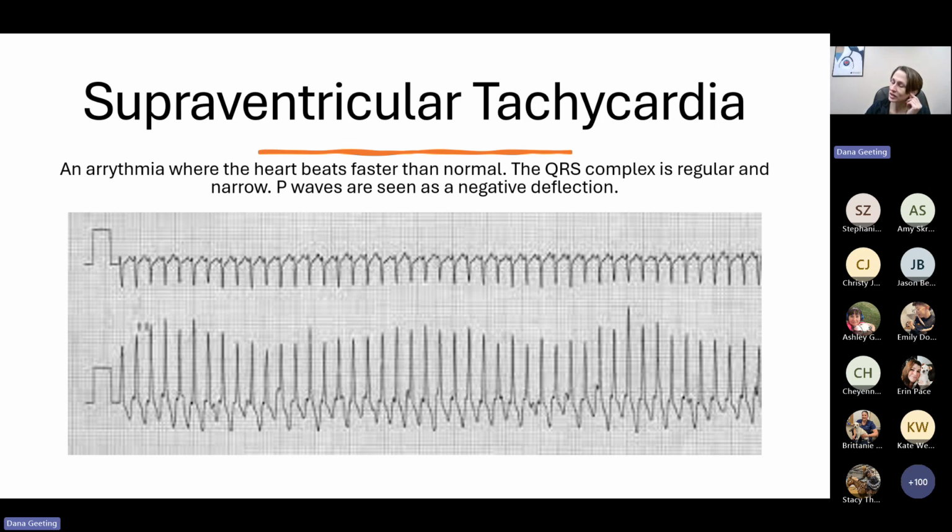Or a lot of times you're not going to be able to see them the greatest because the heart is beating so fast that they're kind of hidden within your QRS complex, P wave, T wave. So they are right there, and I know it's kind of hard to see, but they are right there at that little blip, but it is upside down or inverted.